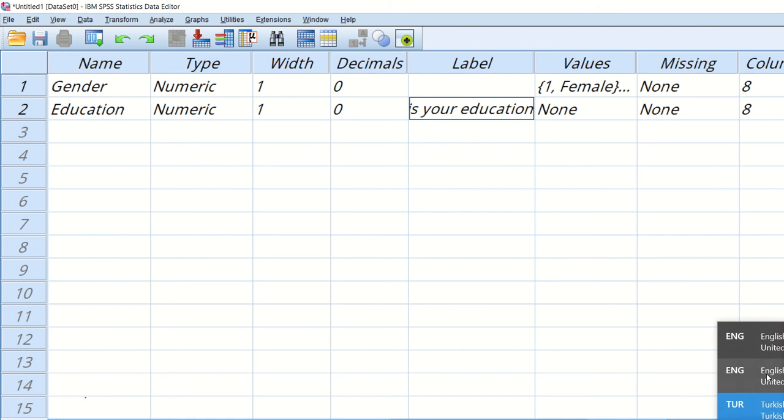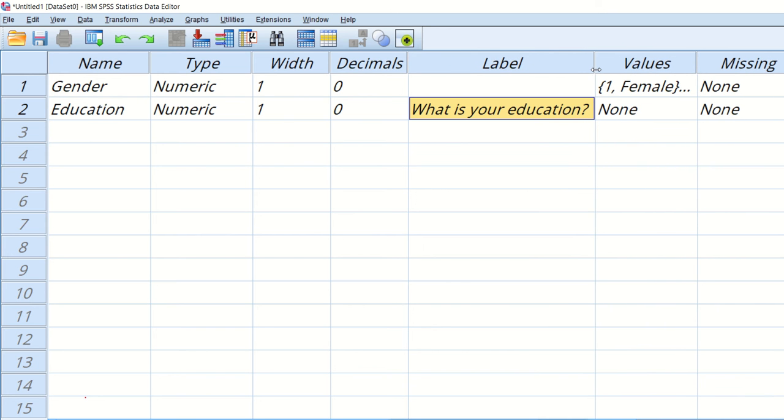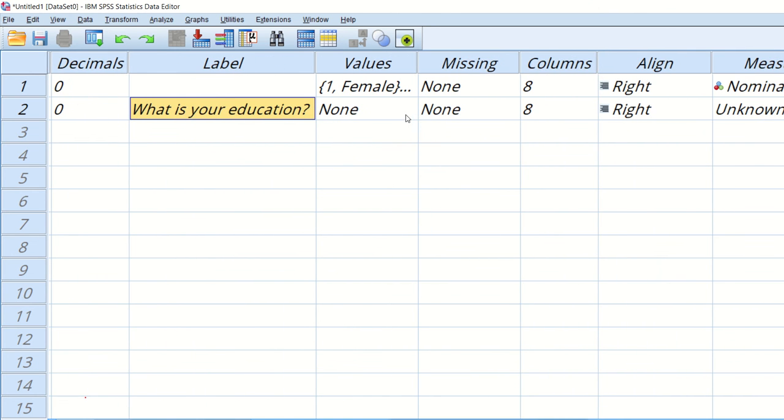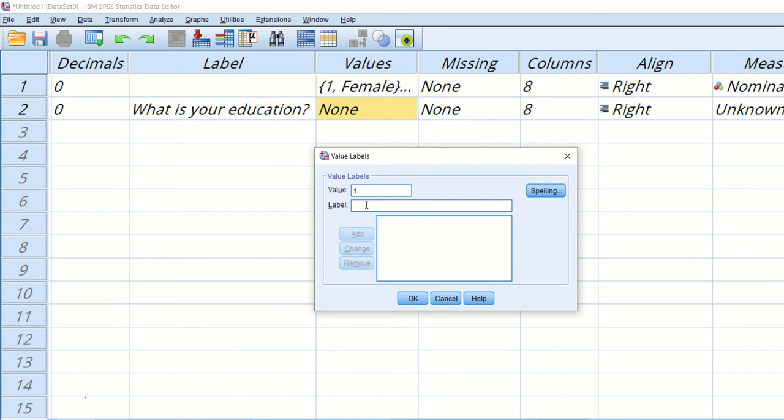It's not important whether you have a complete question here or you just write education. It's all okay. And here in values, you can group this education. 1, primary school. It's not important that you have a space here. This is not a variable name, so you can have spaces in the labels. 2, we have secondary school. And 3, we have high school.